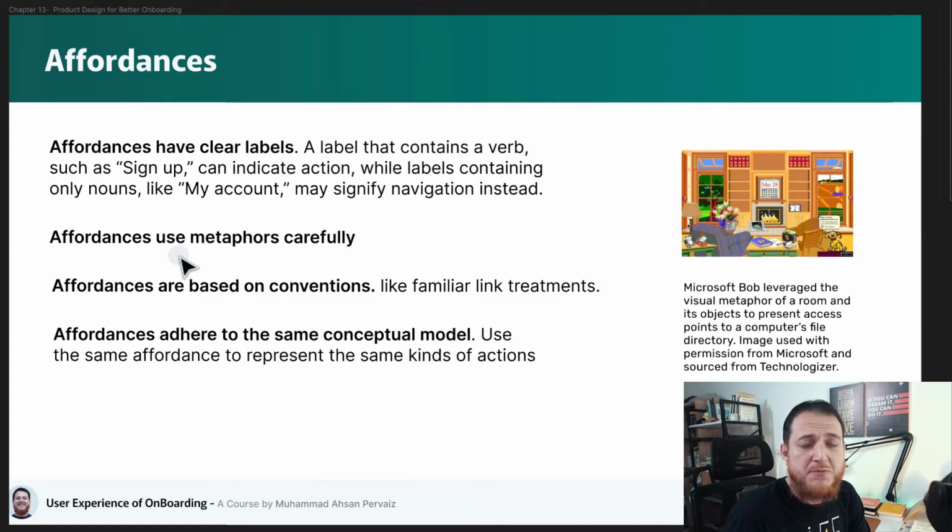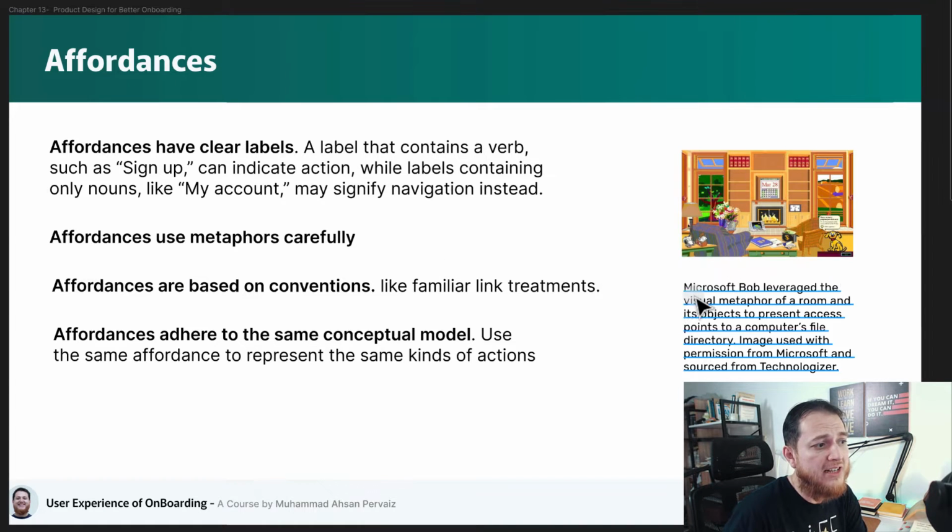Affordances use metaphors. So if this is my wallet and I am trying to develop an app that is going to be my digital wallet, I may be using something similar to this one. So you have to use it very carefully.